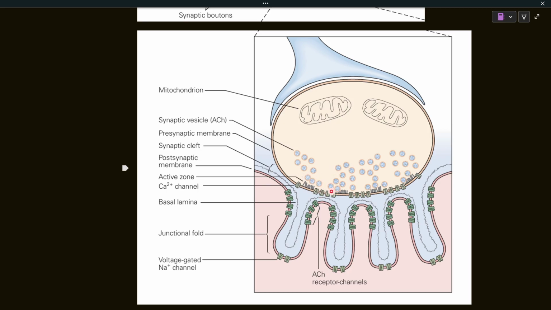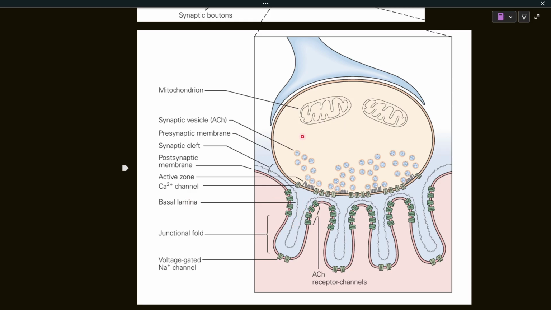You can see these are the active zones, and the synaptic vesicles are clustered here and are going to fuse at those zones. They are known as active zones because whatever action is going to happen, happens through this zone.